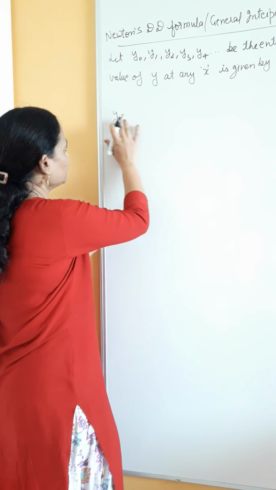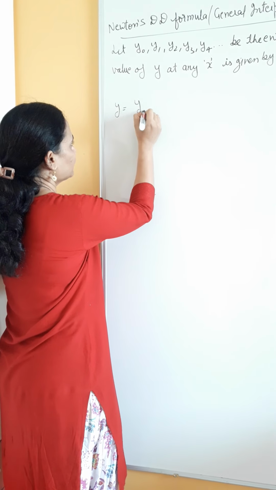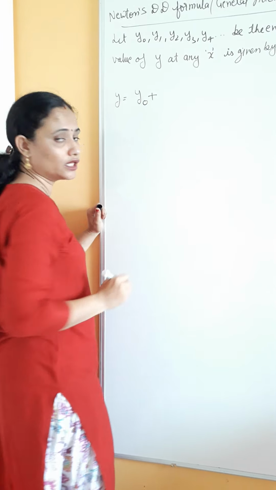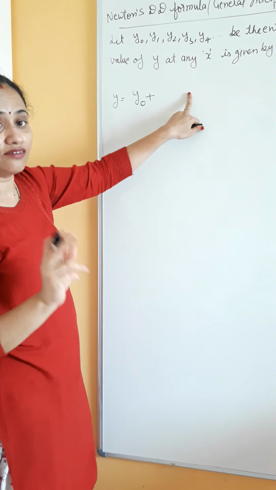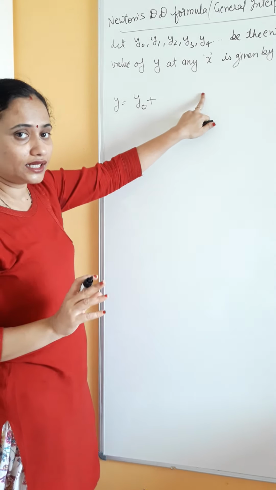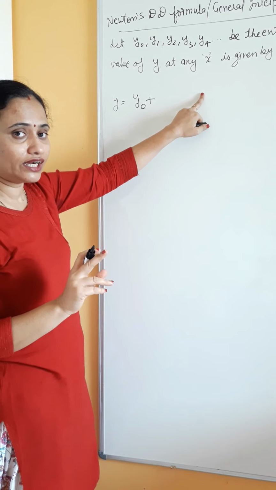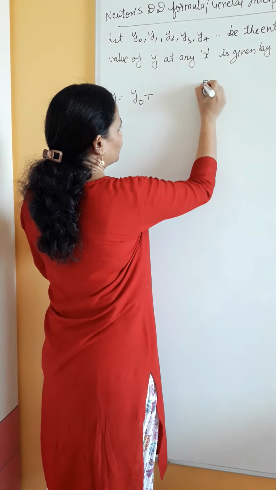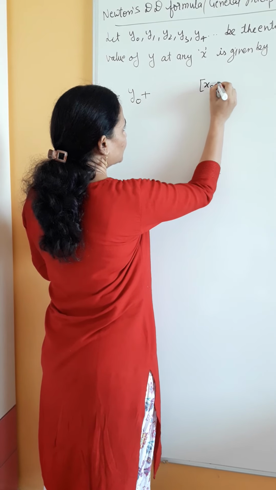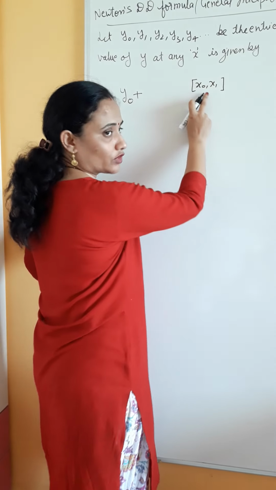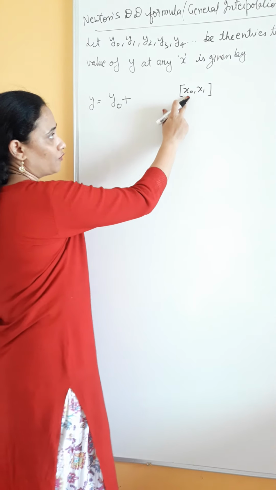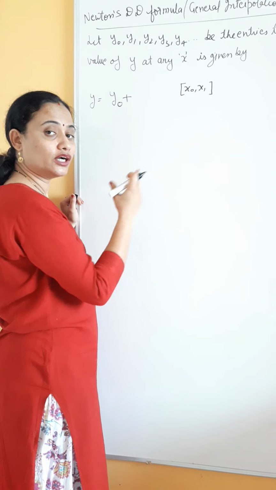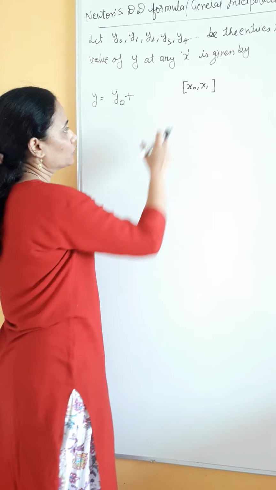So we start with y0. y is given as y0 plus. Then we write the first divided difference. What was the first divided difference? x0, x1. We start with the first divided difference x0, x1. You can check in your divided difference table where we got it from.